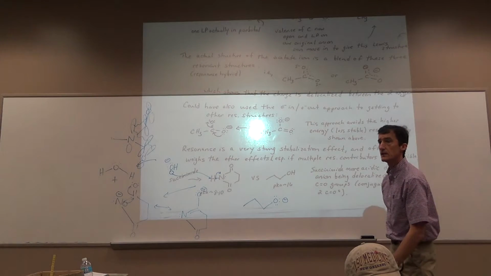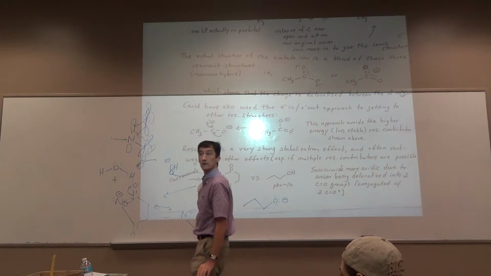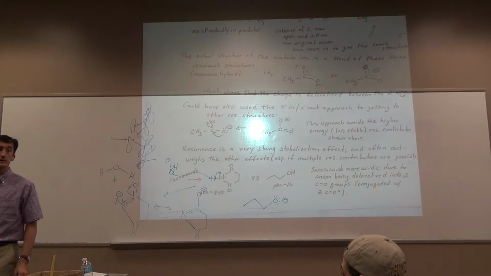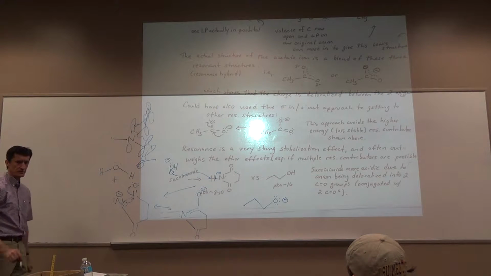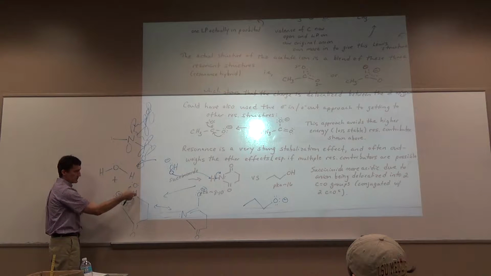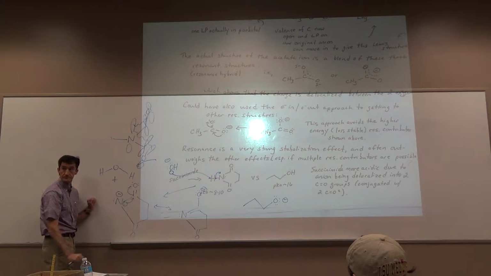Question? Does resonance only work if the double bond is directly adjacent to the atom you're looking at? But you would jump multiple bonds. I think you're generalizing a bit too much. I'd have to see the example you're talking about. Resonance is p orbitals lined up. I mean, look, p orbital, p orbital, p orbital, p orbital, p orbital.